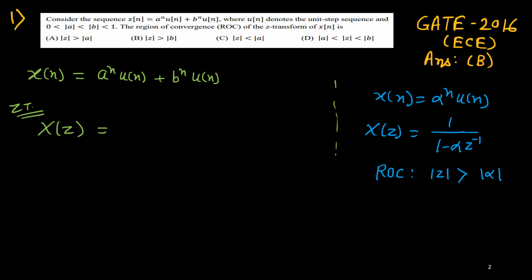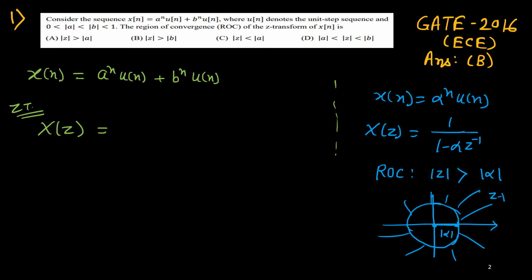So if I consider the ROC here, with mod alpha we'll consider one circle with radius mod alpha, and the outside region is the ROC, where this is your z plane, this is the real axis, and this one is the imaginary axis, right? Same thing we'll do here.